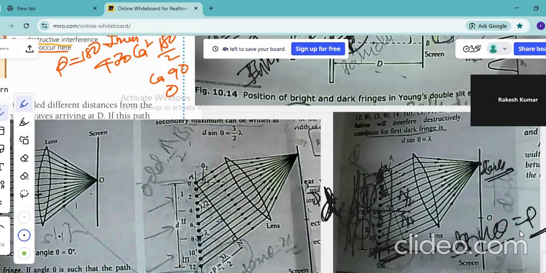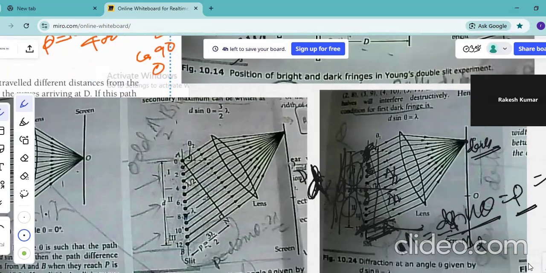Here the path difference is d sine theta. If this is equal to n lambda, or 1 lambda let's say, you basically get darkness here. So n lambda by d is sine theta.